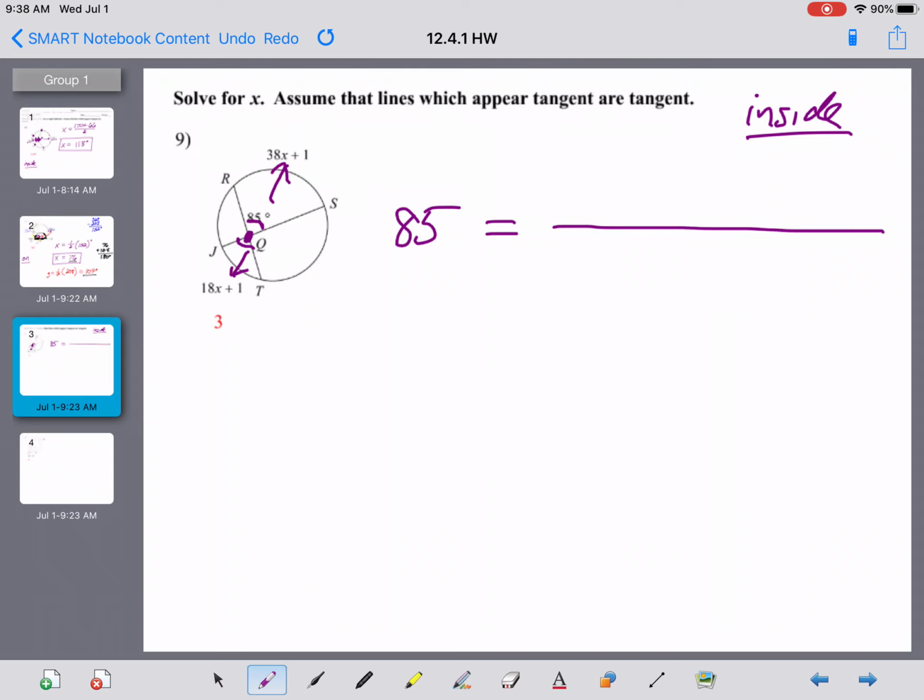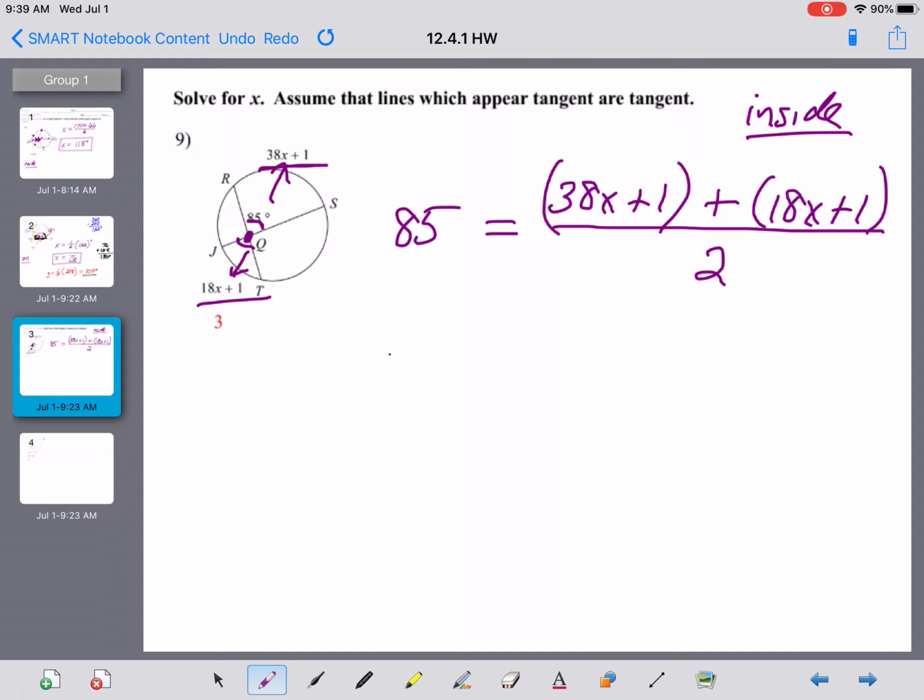Average means that we're going to add two things together and then divide by 2. And the two arcs that we're adding are right here, 38x plus 1. That's one of the arcs. And the other one then, down below it, is 18x plus 1. So it's the same concept that we used in the first problem. It's just a lot more complicated in terms of how much is going on there on the right side.